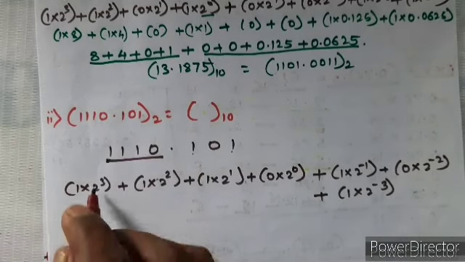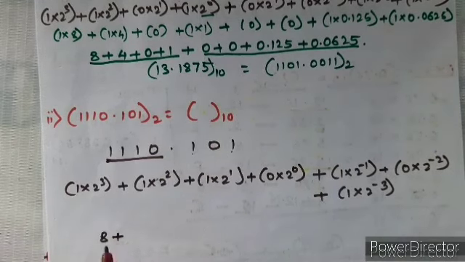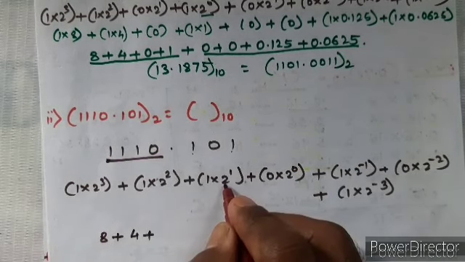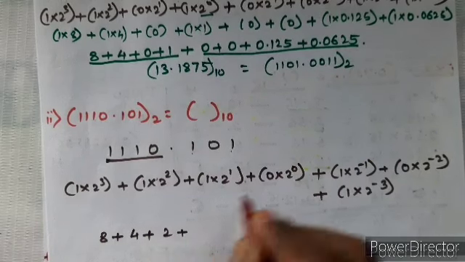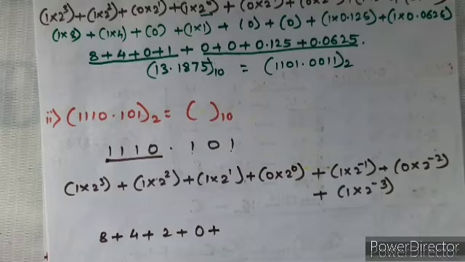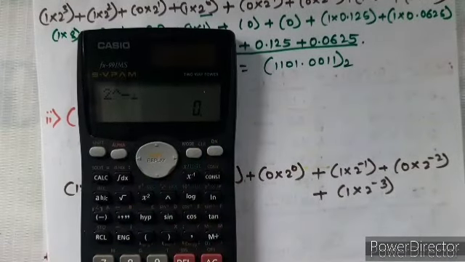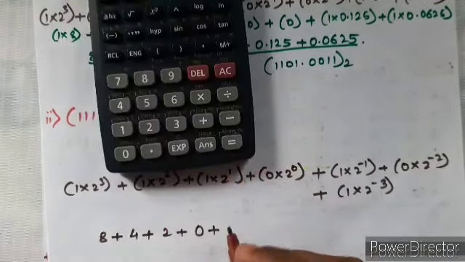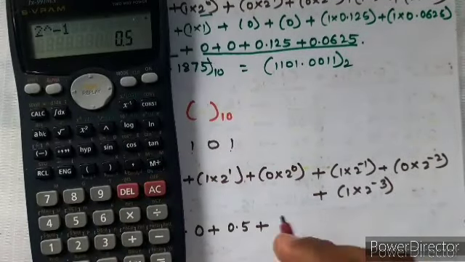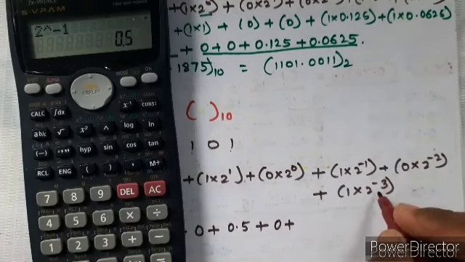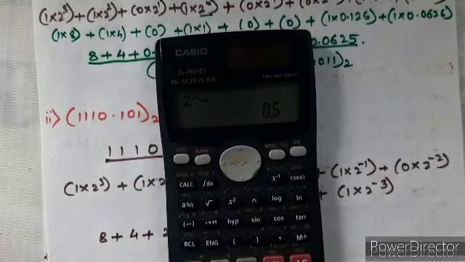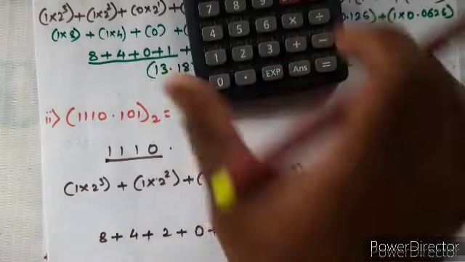So 1 into 2 cube is 8, plus 2 square is 4, plus 2 raised to 1 is 2, plus 0, plus 2 raised to minus 1. If you see, 2 raised to minus 1 is 0.5, plus 0, plus 2 raised to minus 3. We have already seen 2 raised to minus 3 is 0.125.